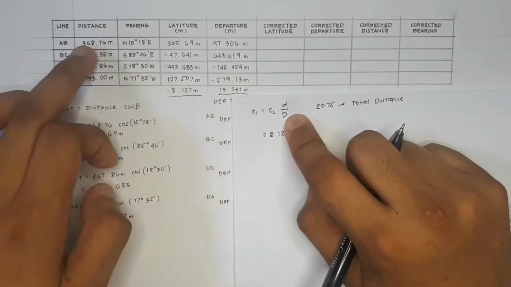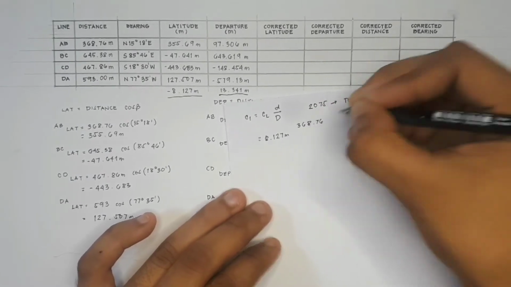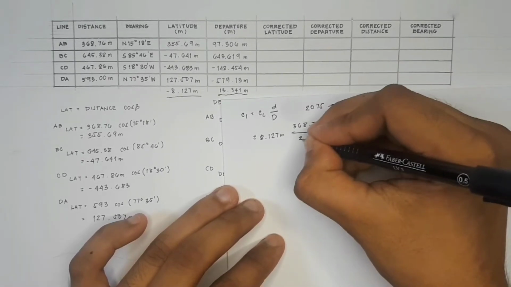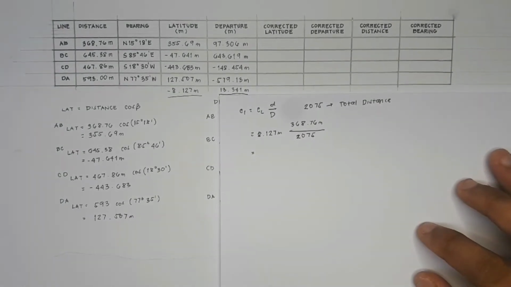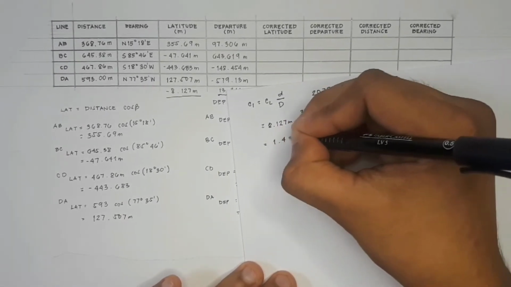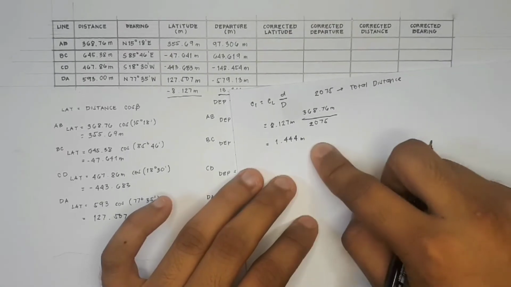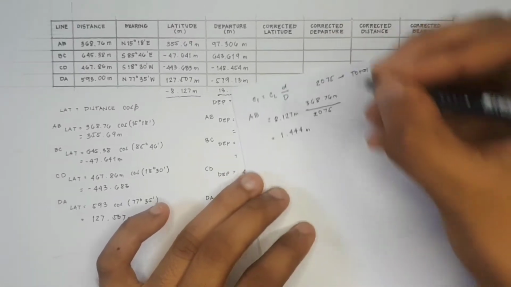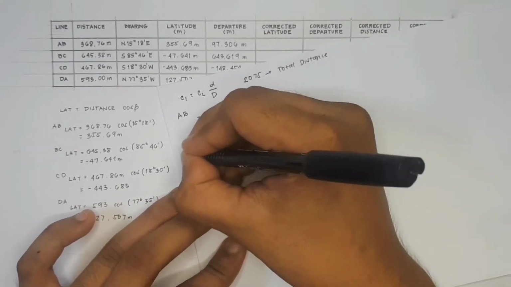So we have the distance here, 368.76 meters divided by the total distance, 2075, and this will give us 1.444 meters. So this is the correction needed for the latitude of our line AB. Next is line BC.